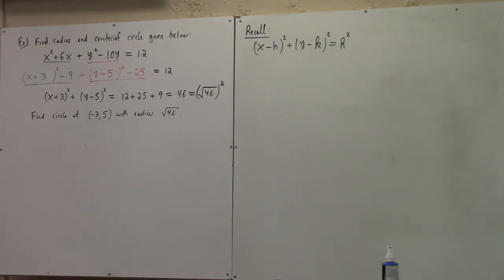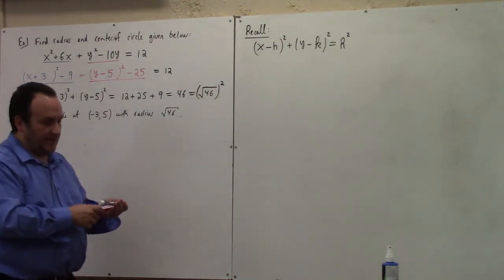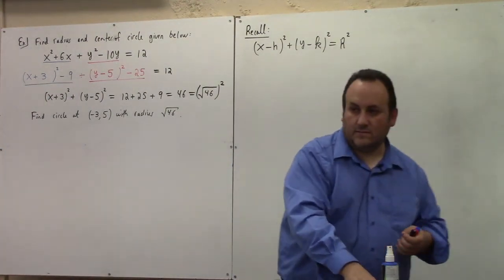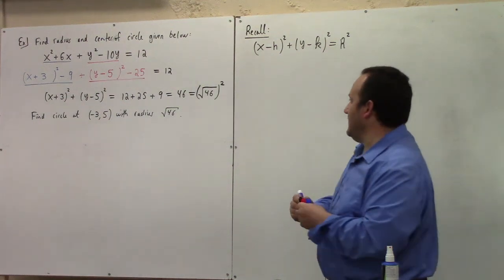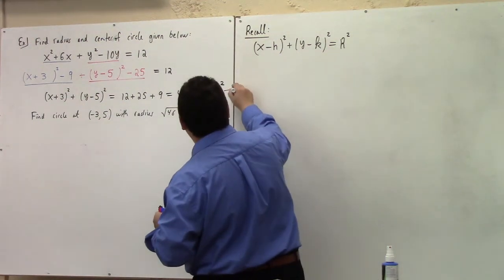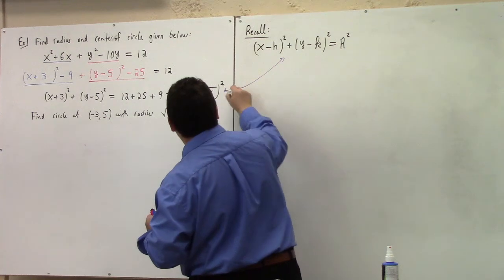Any questions? Why does it have to be squared? Well, the point is I'm trying to compare. I need to match. There are different ways you could think about it, but I'm basically trying to compare this expression to that expression.